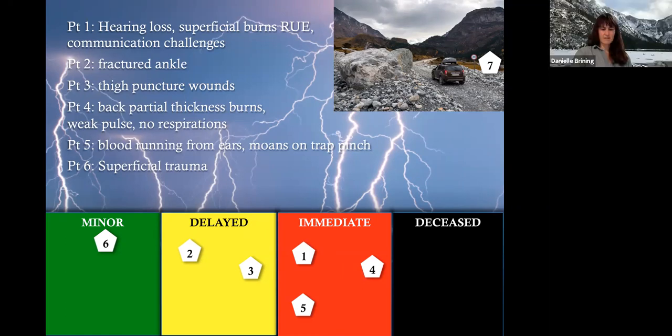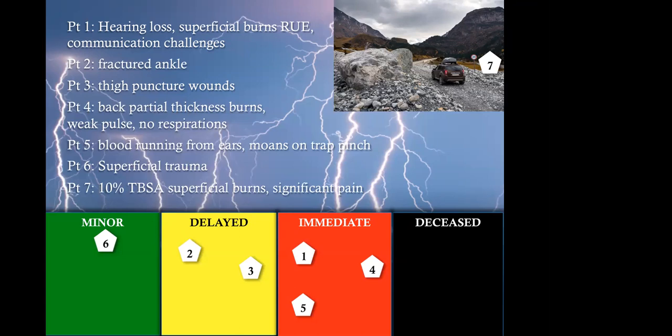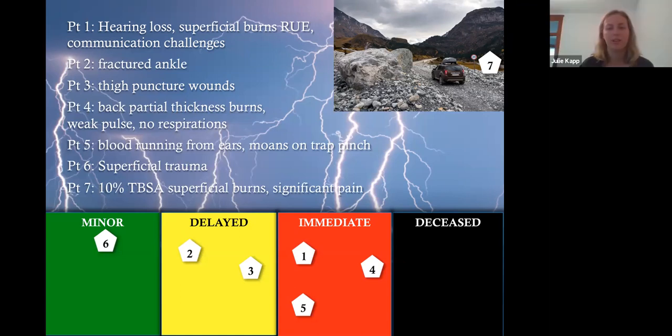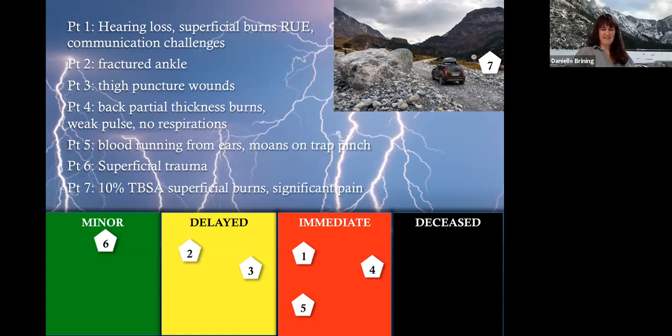No massive hemorrhage, about 10% total body surface area, superficial burns, and a lot of pain. Okay. Where do you put him? Green? Or would this one be yellow since they're not able to move? Yeah, so they're not able to walk, so they go to yellow. Remember, green we got with the walking wounded way at the beginning. Good job. Okay, so we placed them all in the place.